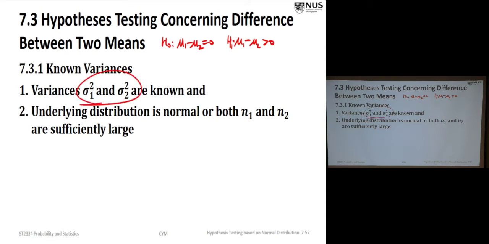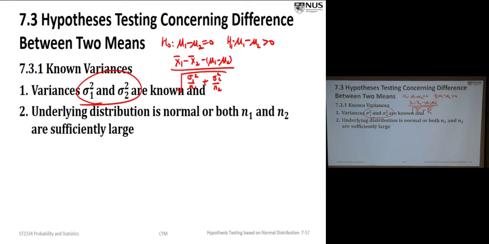If these are known, then we look at x1 bar minus x2 bar. Why do we look at x1 bar minus x2 bar? Because this is how we get some idea what mu1 minus mu2 should be. Based on the two samples, we get the idea of mu1 minus mu2.